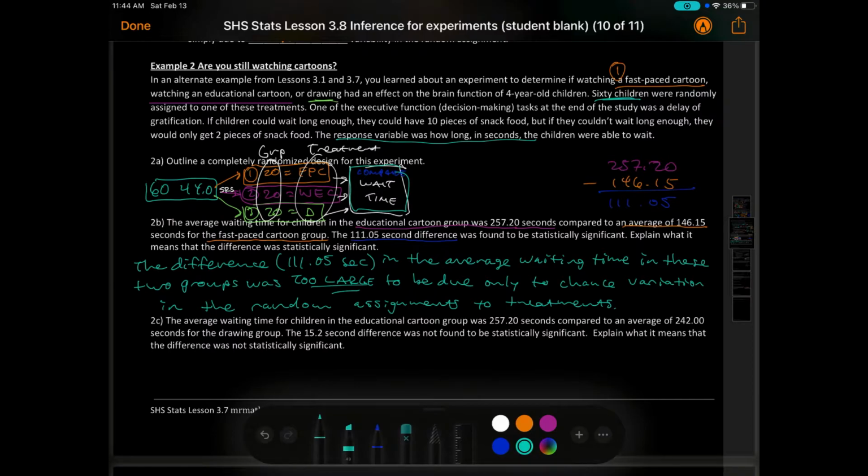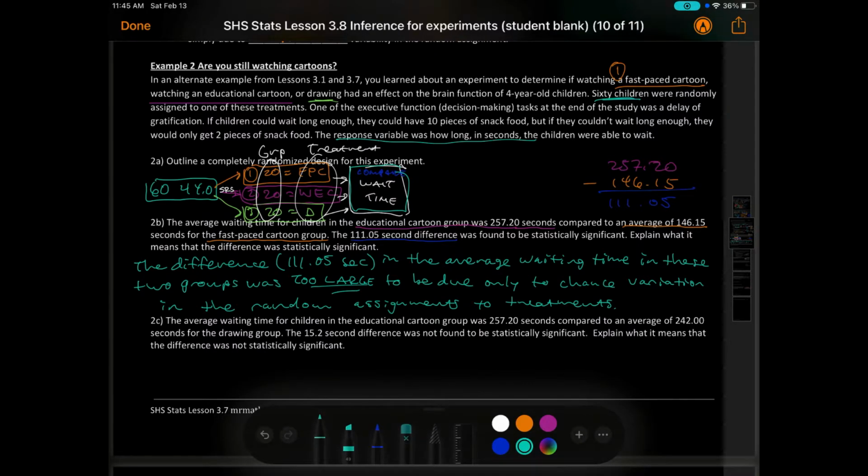Let me give you guys another example why, okay? So let's pretend you have like a crazy girl or crazy boy in one of those groups. You're like, wow, that crazy kid's never going to wait. Doesn't matter if you gave them fast-paced cartoons or they watch the educational cartoon or they do drawing. That crazy kid is just not going to wait. They're just going to snatch up those snacks and wait like 3 seconds.